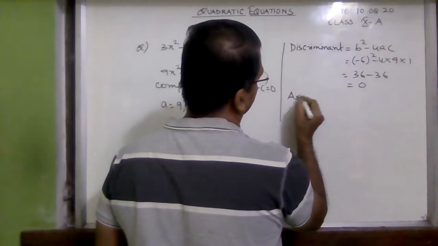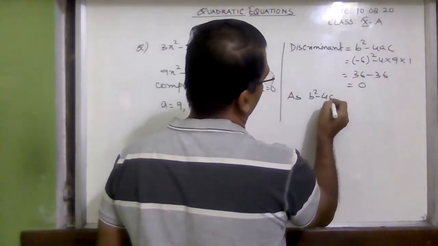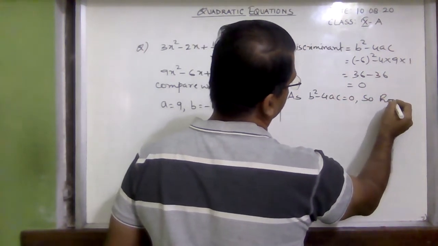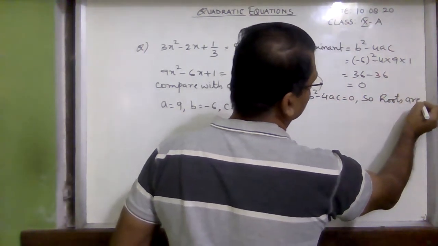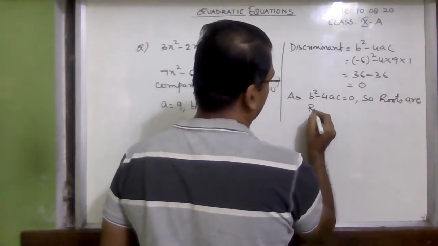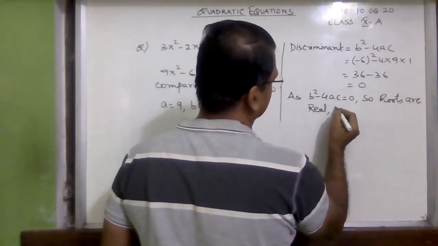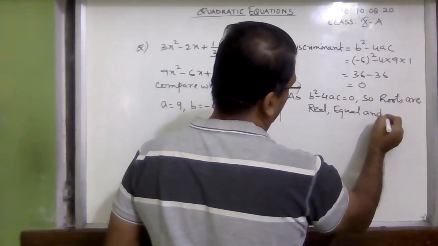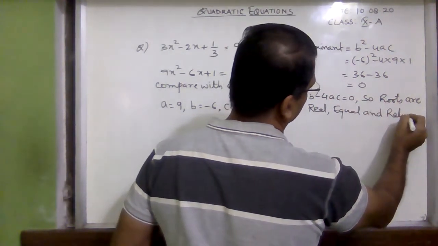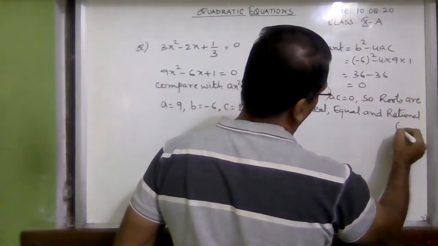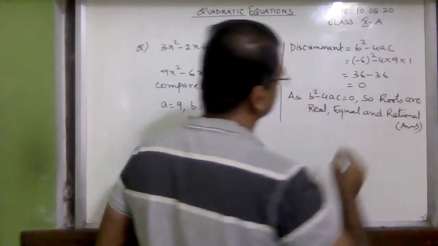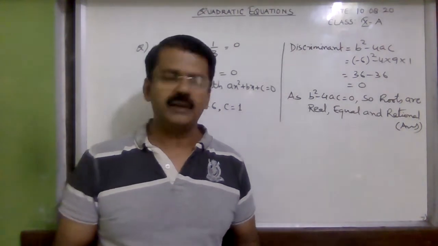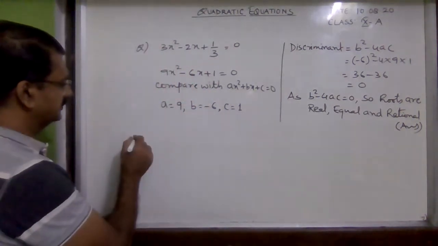As b square minus 4ac is equal to 0, so roots are real, equal and rational. That is your answer. Roots are real, equal and rational. Clear? Next question.